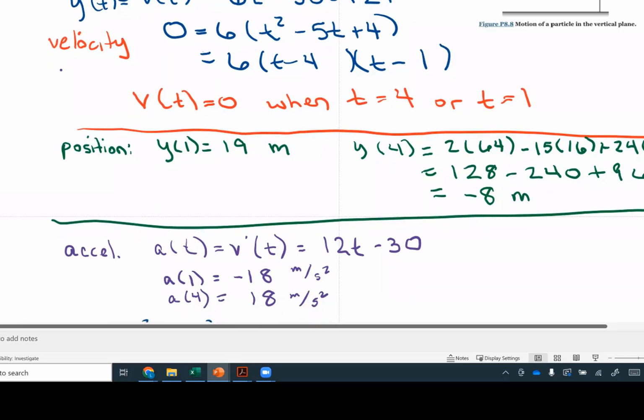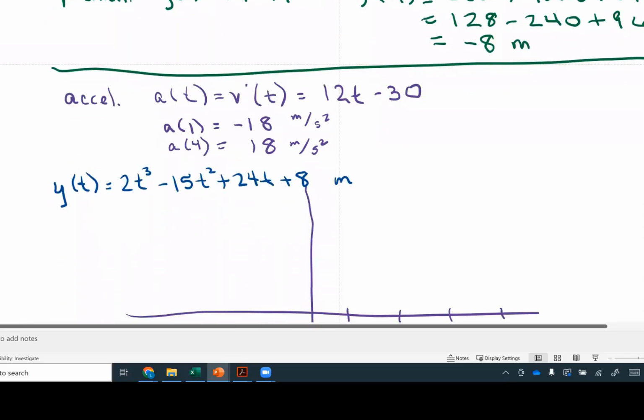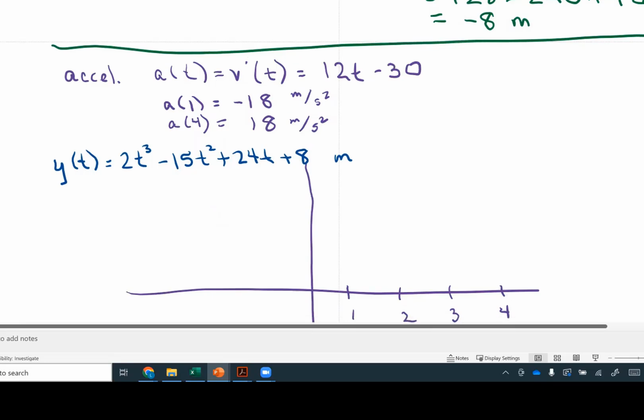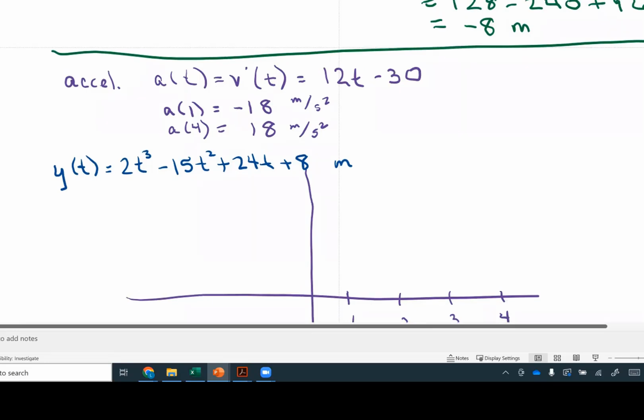At 1 and 4, I have my maximum and minimum values. And I know my position at 1 is 19 meters. So let's say this is 10, 20. I don't think I have to go that high. That's my maximum and minimum.